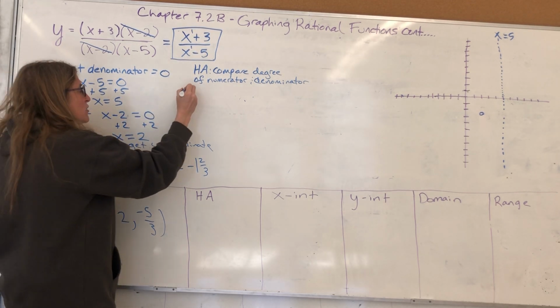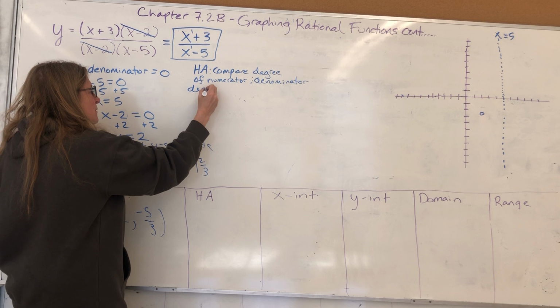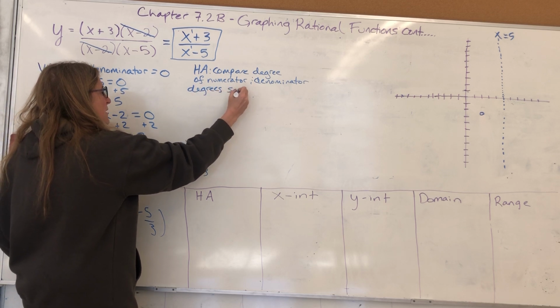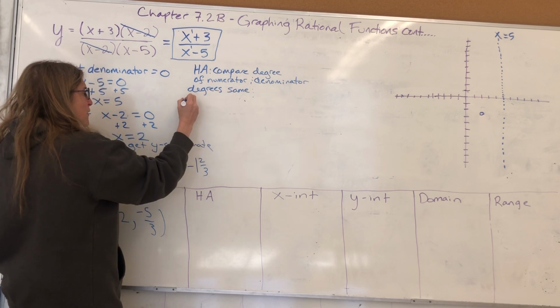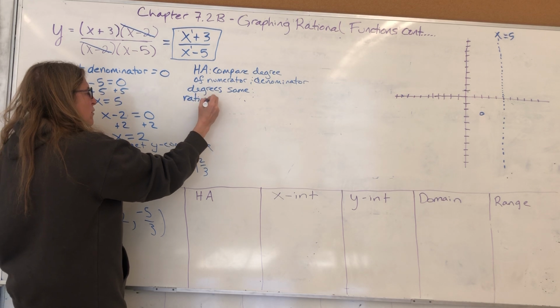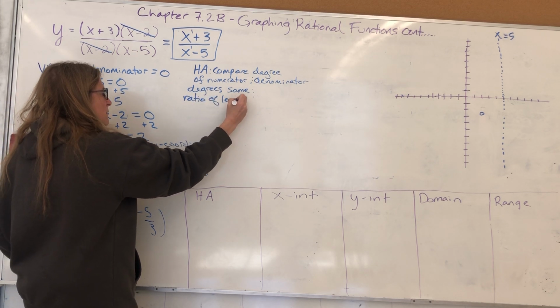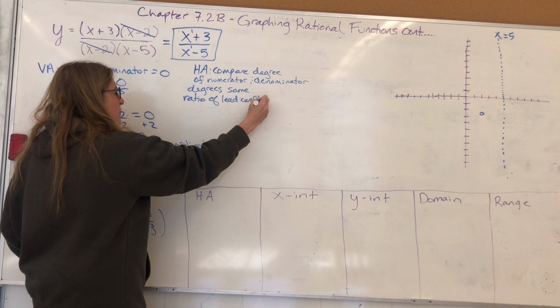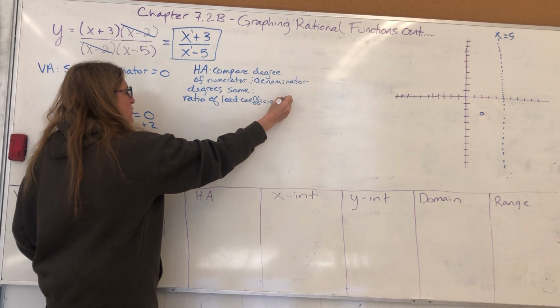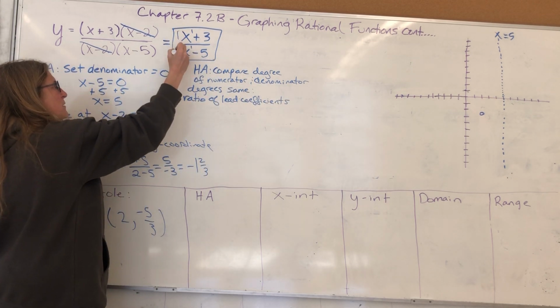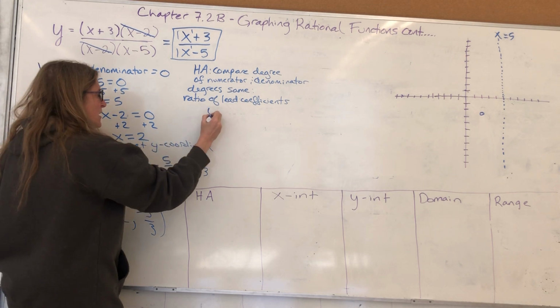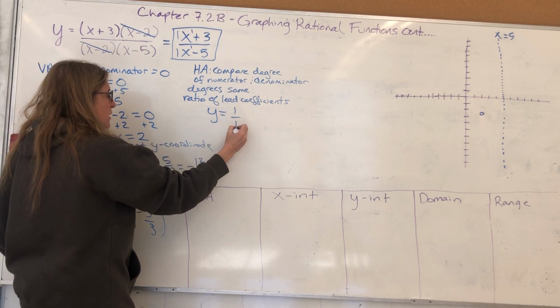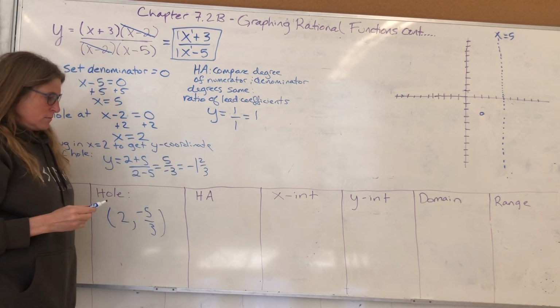So when the degrees are the same, like in this case, I'm going to make a ratio of the lead coefficients. So in this case, both my lead coefficients are 1. So I'm going to say y equals 1 over 1, which is just 1.